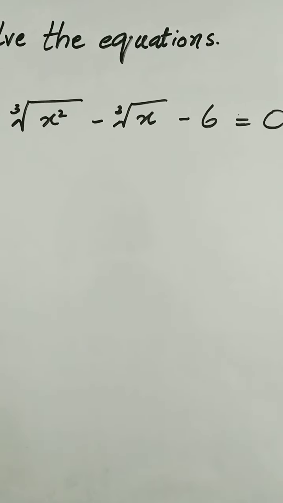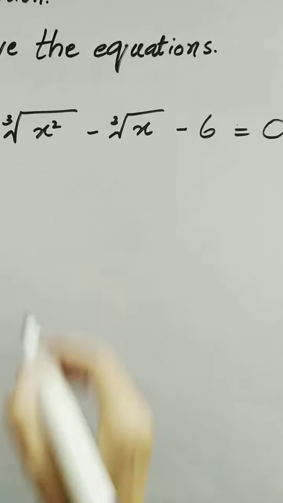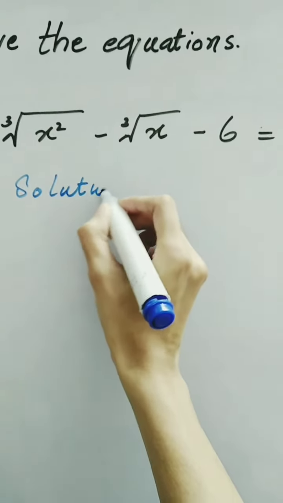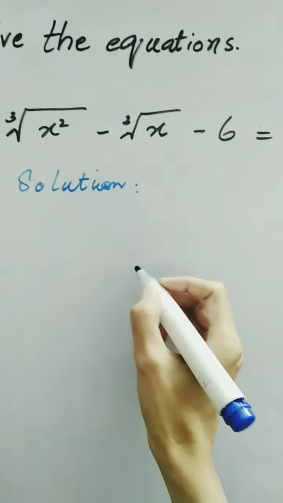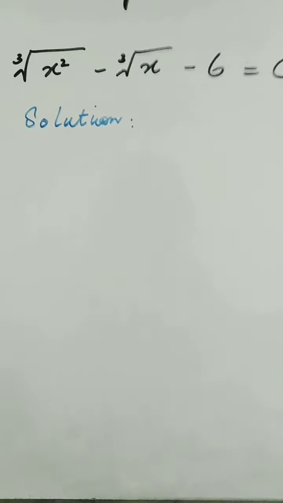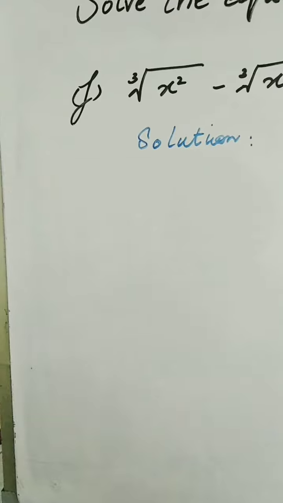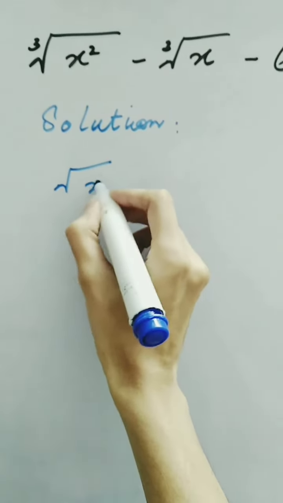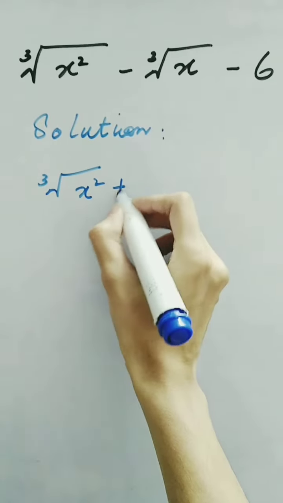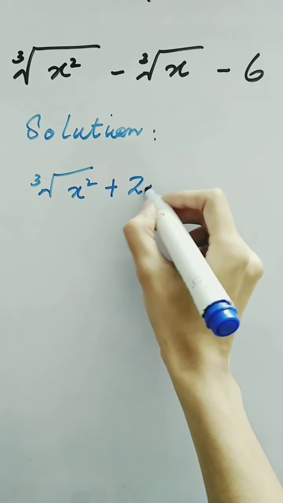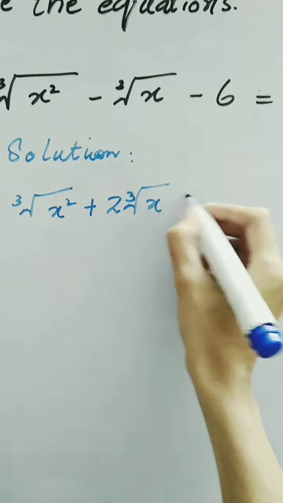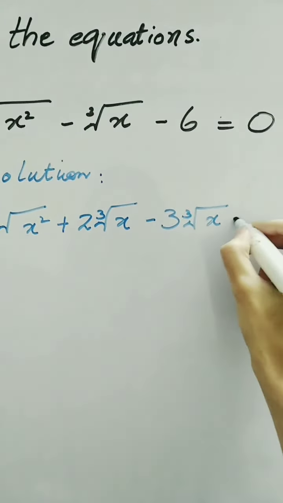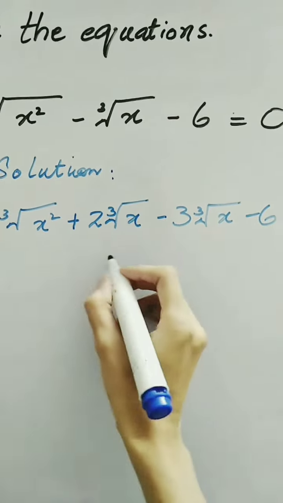Here is another question, which is cube root of x² minus cube root of x minus 6 is equal to 0. Now first we break this middle term in order to get the factors. And minus 3 cube root x plus 2 cube root x.